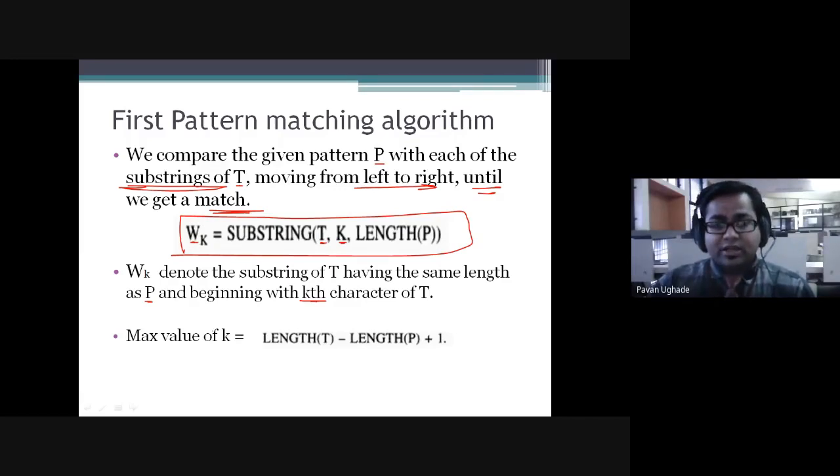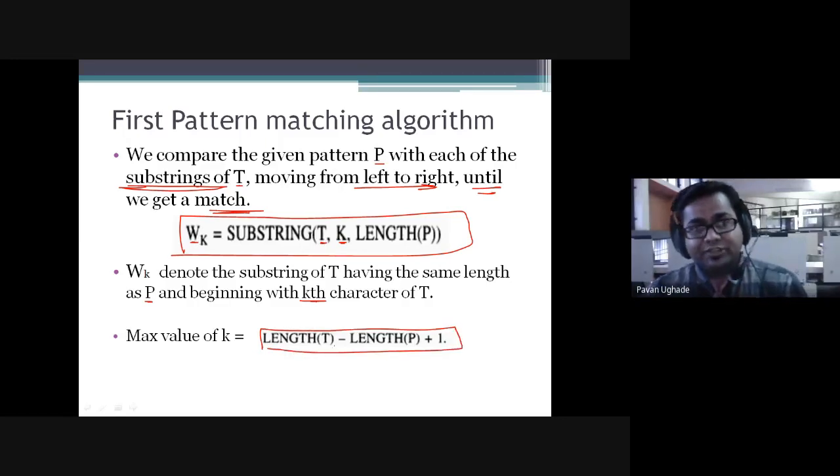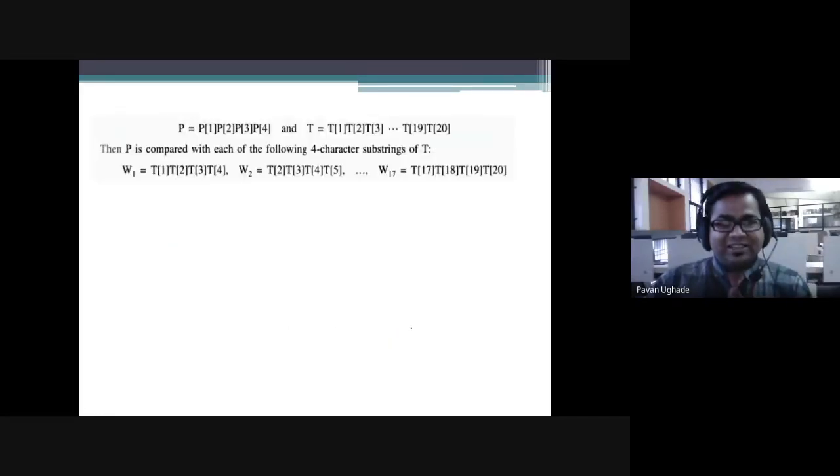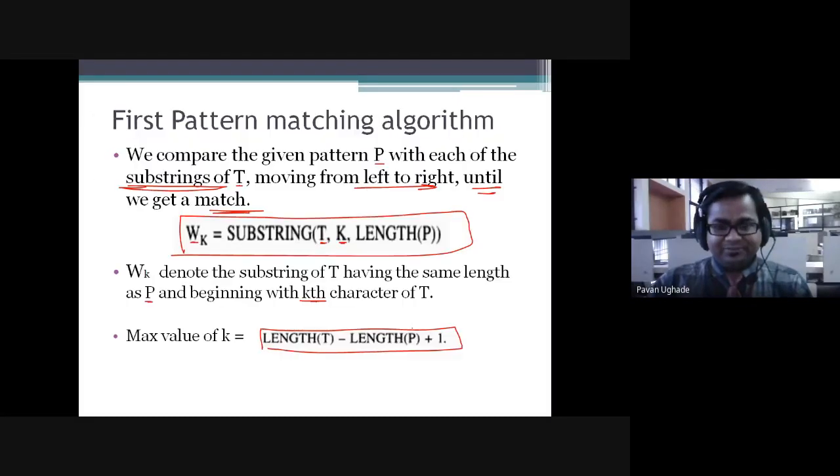To understand that, I'll take one example. To find that, we have one formula stating that length of T, where T is the text through which you are going to get the substring, minus length of P, where P is the pattern that you are looking for in the text T, plus 1. You may or may not understand the formula, so I'll take it with an example.